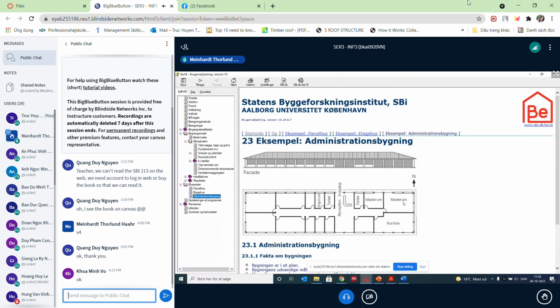But the thing about ventilation in an office building or administration building like this is that depending on what kind of room we have, there are different ventilation strategies. A meeting room, for instance, this middle room, is normally not being used all day. It's only being used a few hours during the day, probably.